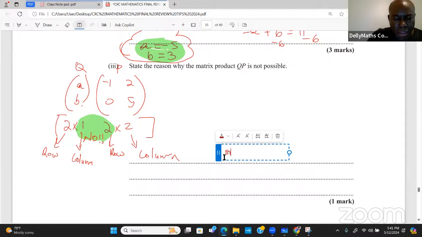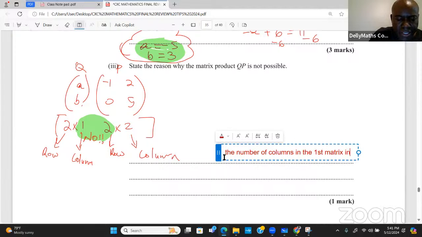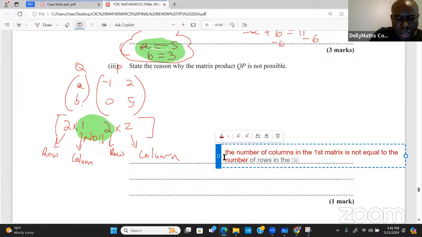The number of columns in the first matrix is not equal to the number of rows in the second matrix.